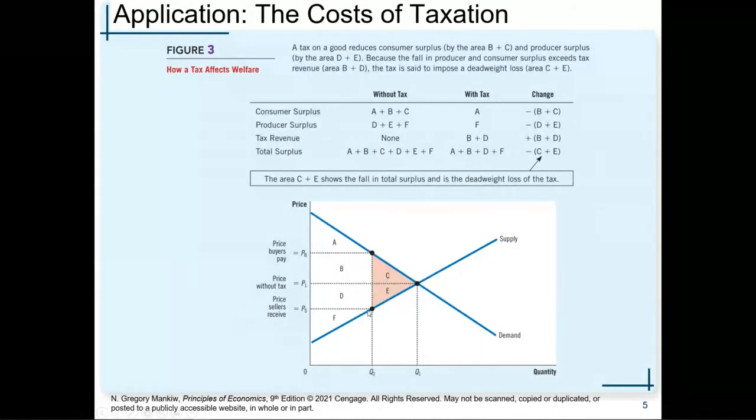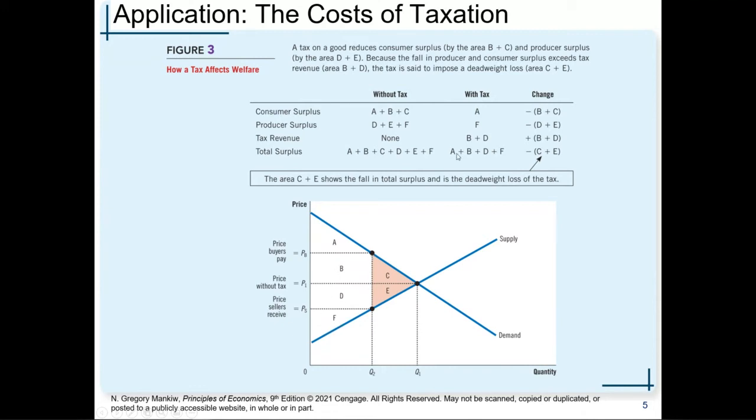But when we add the tax, remember the tax is added to both parties. And the amount they pay is based on the slope of their curve, or how much they're going to have to pay. Here's the price the sellers will receive here, and here's the price the buyers are willing to pay here.